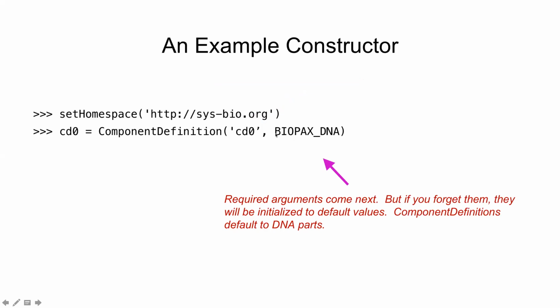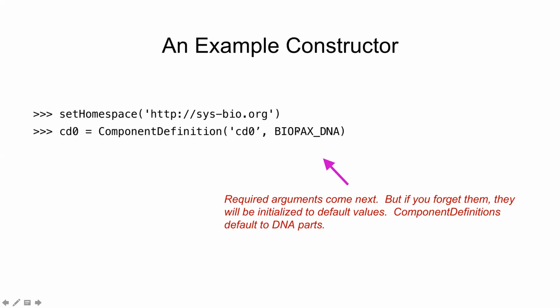So in this case, the type of the component definition, by type, I mean whether it's DNA, RNA, small molecule, or protein, is one of the arguments that is required. This is just a built-in constant, which expands to the full URI for the ontology term for DNA. By the way, I say that's required, but it's actually set by default.